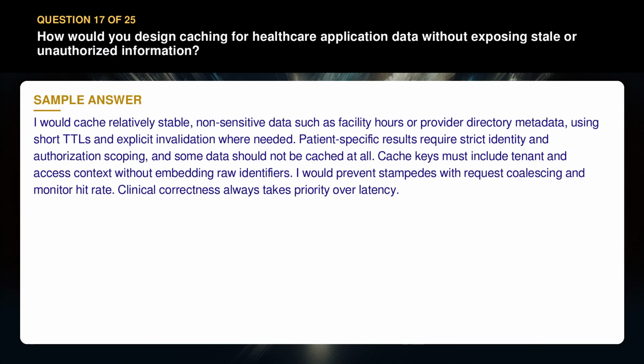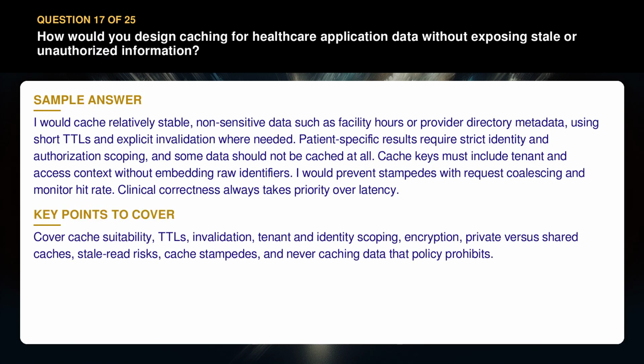I would prevent stampedes with request coalescing and monitor hit rate. Clinical correctness always takes priority over latency. Cover cache suitability, TTLs, invalidation, tenant and identity scoping, encryption, private versus shared caches, stale read risks, cache stampedes, and never caching data that policy prohibits.